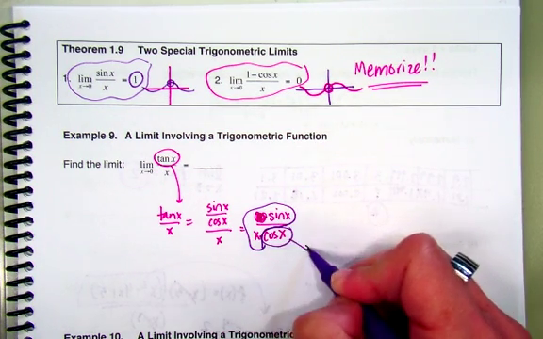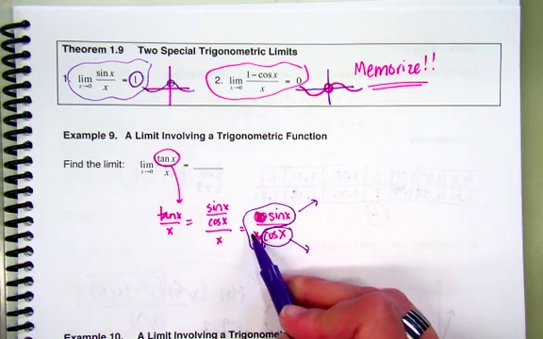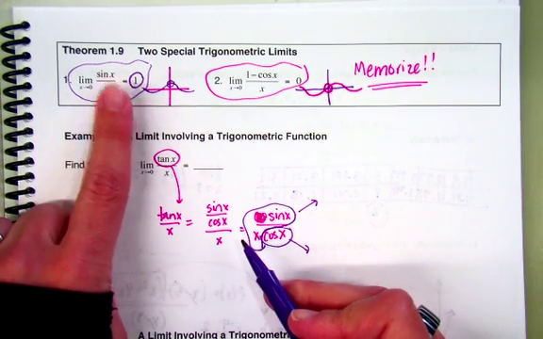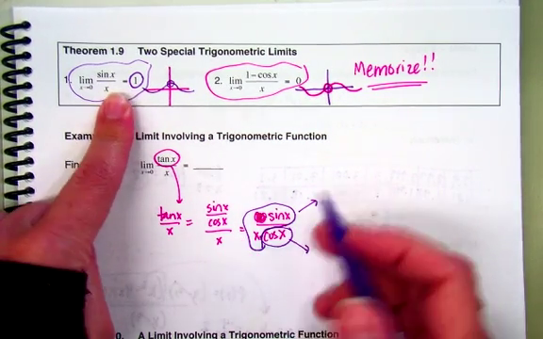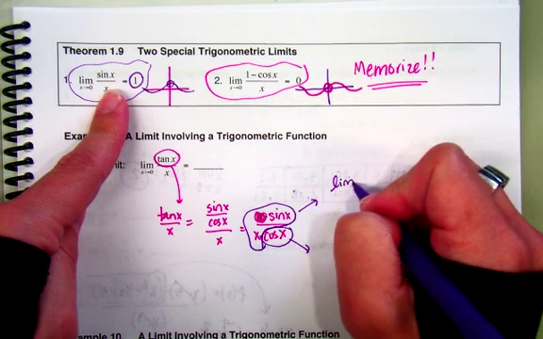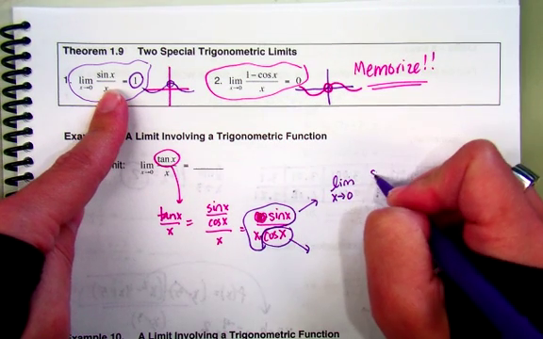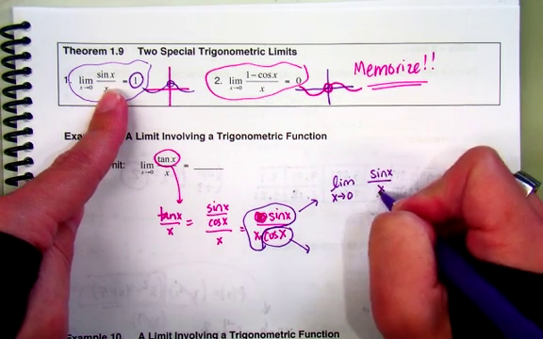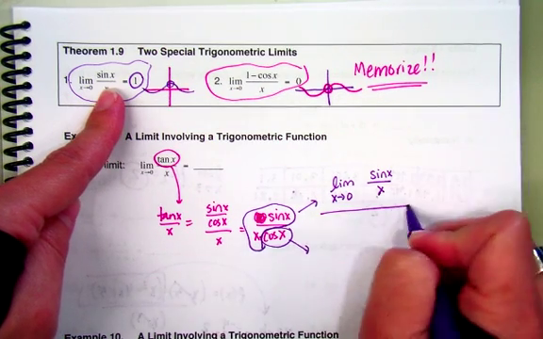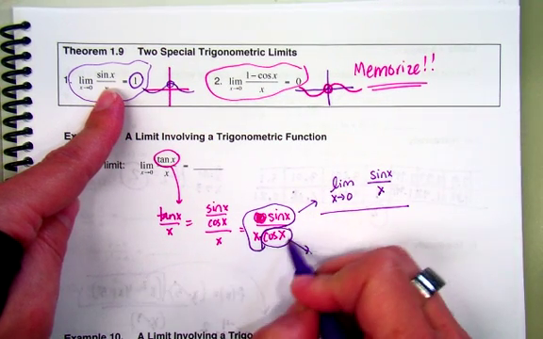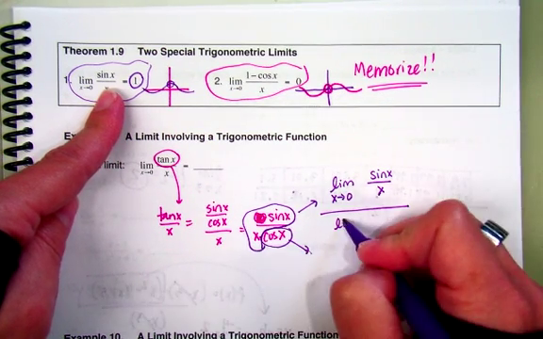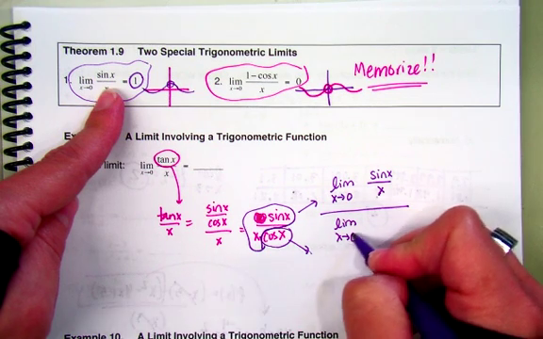So the sine of x over x, I recognize that's one of my special trig limits. And so I can split this up into two limits. The limit as x approaches 0 of sine of x over x, and then I divide it by the limit as x approaches 0 of cosine of x, because it's being divided by cosine.